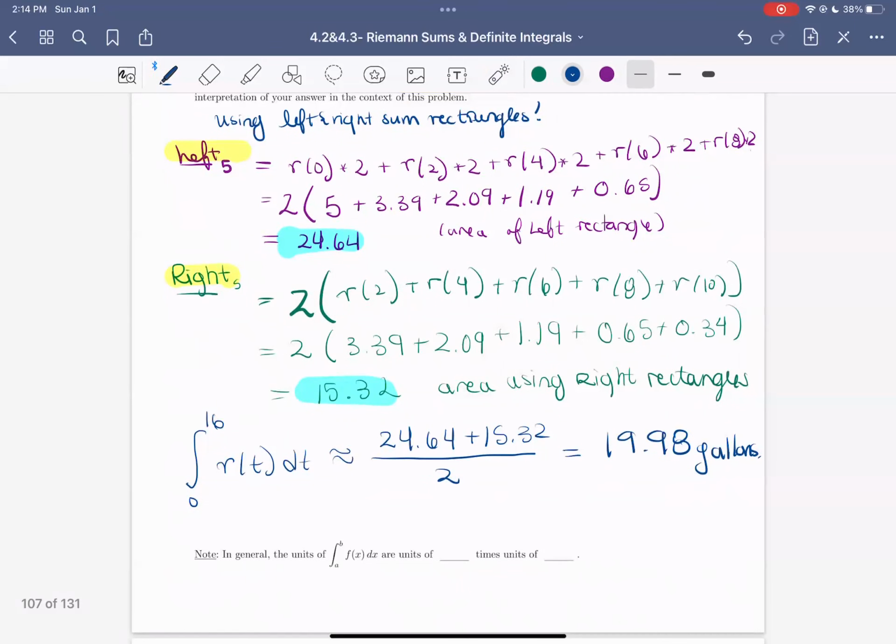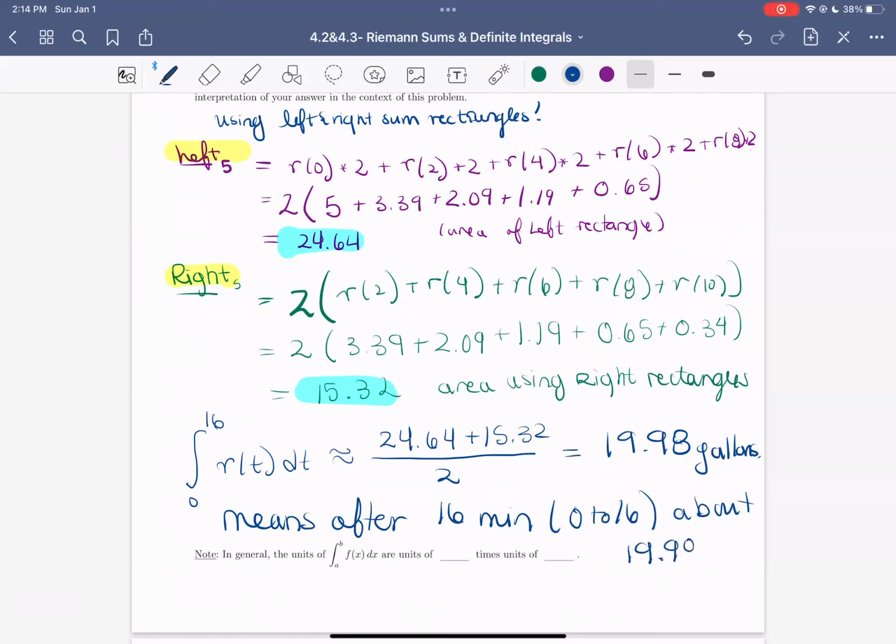So this definite integral, this value we found, means after 16 minutes, or from 0 to 16, about 19.98 gallons have been added to the bucket or barrel, the vessel containing the water. Awesome. Great job, everyone.